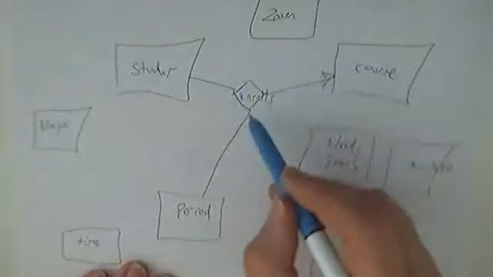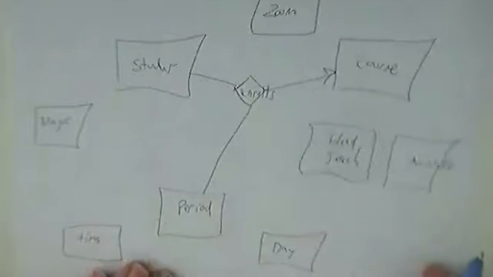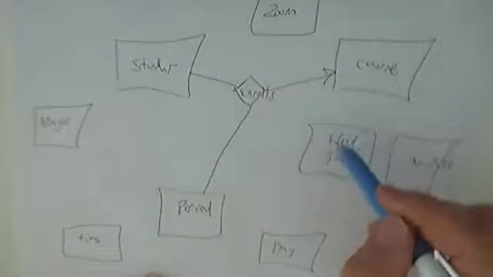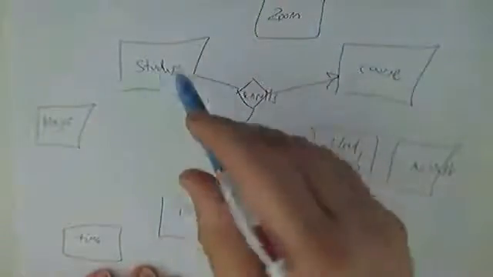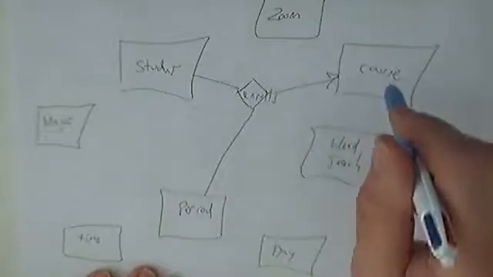The cardinality, or the multiplicity, is a little bit funny in how we read it off. Basically student and period map to a single course. So it's many to one rather. Let's just continue though.